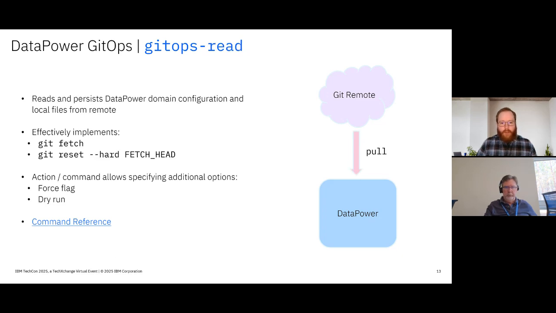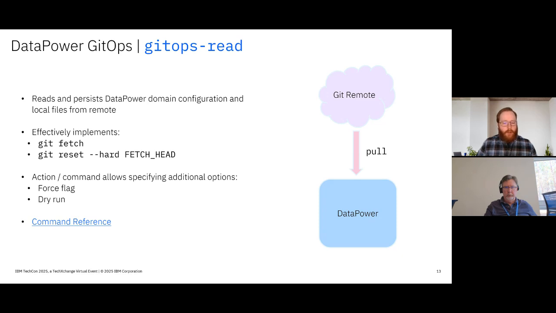All right, GitOps read, basically the same thing and opposite. So we will pull all of the domain configuration from the remote, all of the local files from the remote, and apply that locally. Now this is a bit smarter than you would think. We do run all of the configuration through config sequence in DataPower, and there are some optimizations there to ensure that we're not recommitting objects that haven't changed.